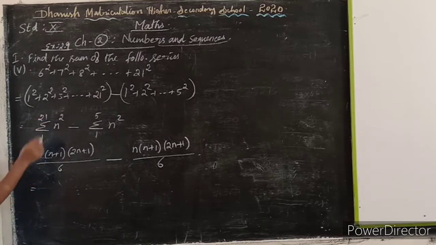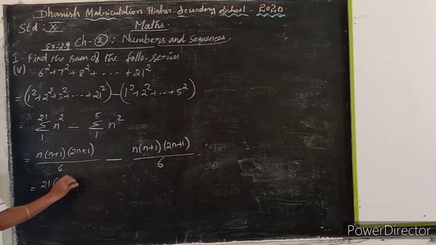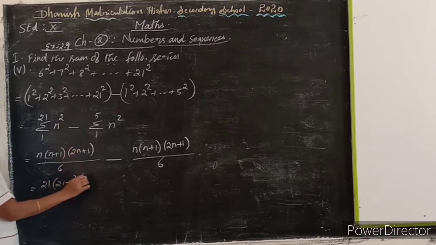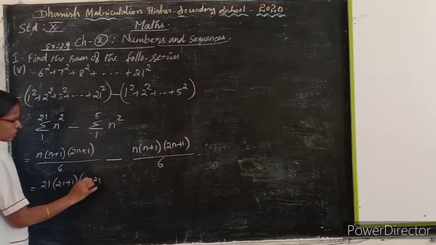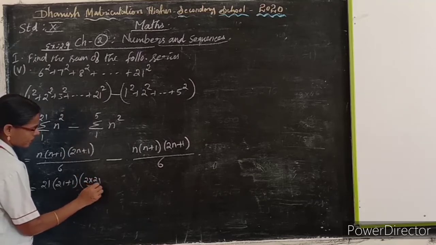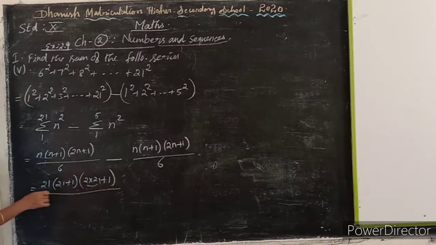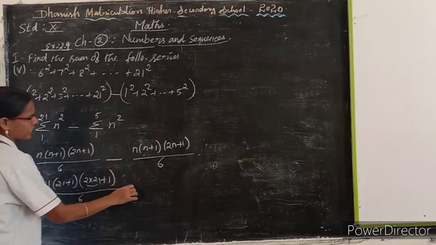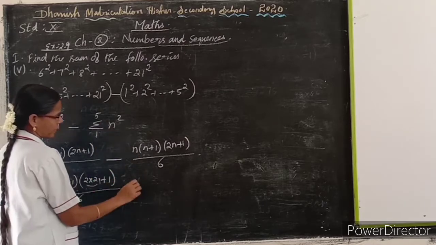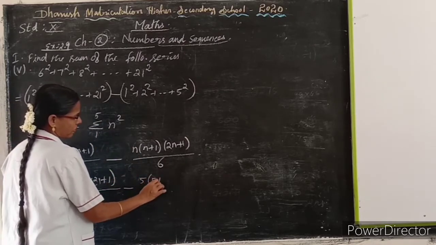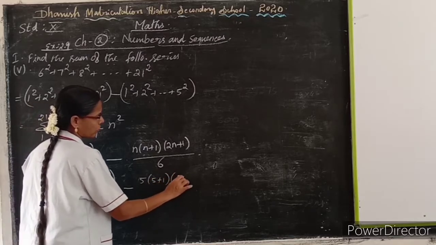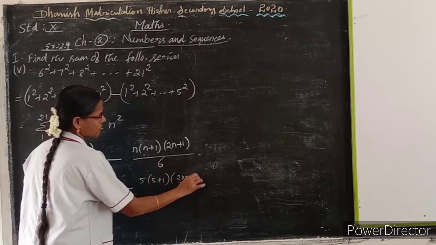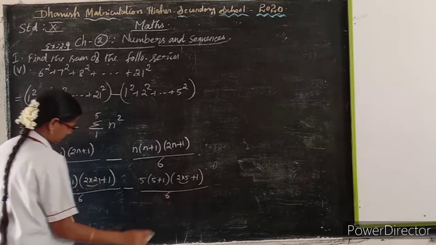Substitute n as 21 here: 21 into 21 plus 1 into 2 into 21, put one bracket like this, plus 1 whole divided by 6, minus here n is 5: 5 into 5 plus 1 into 2 into 5 plus 1 by 6.